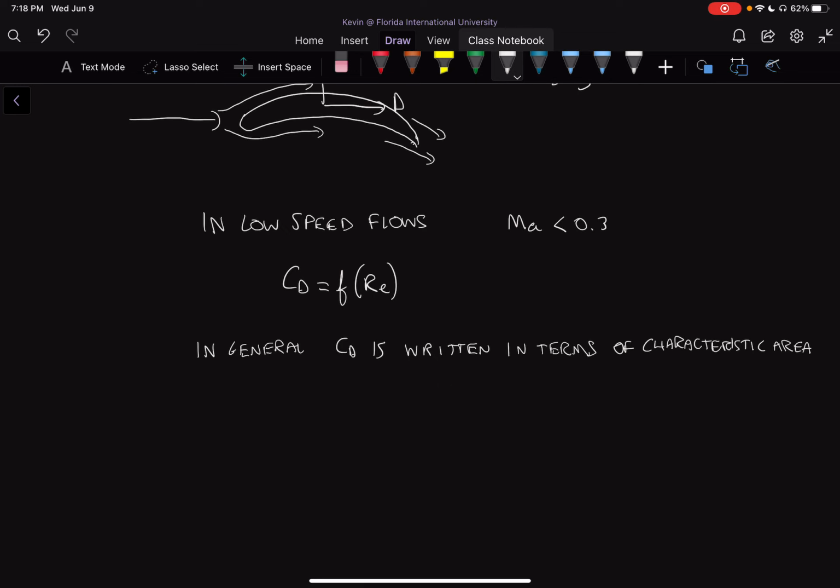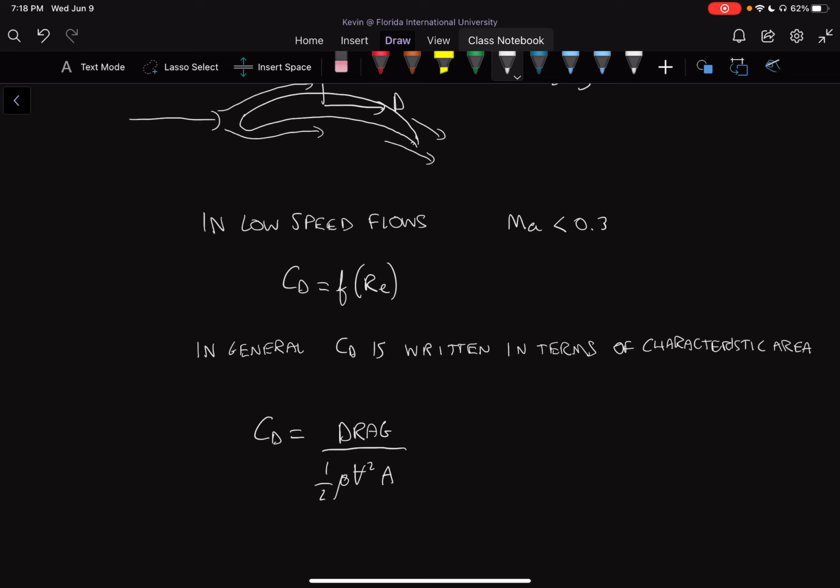So we have that CD is equal to the drag force, I'll put drag on the top, but this is just D, or the drag force, over 1/2 times rho times V squared times a characteristic area.